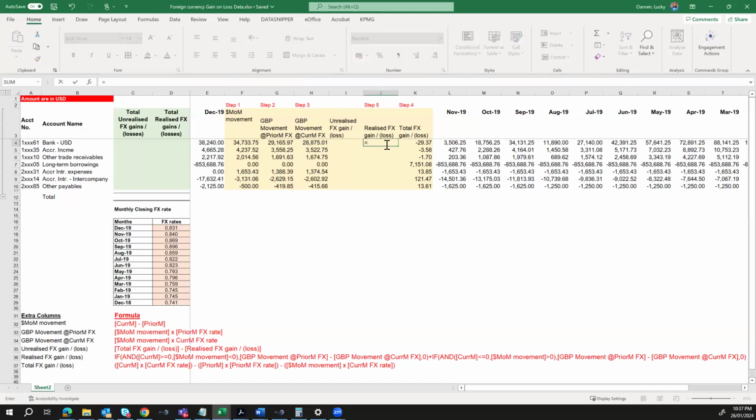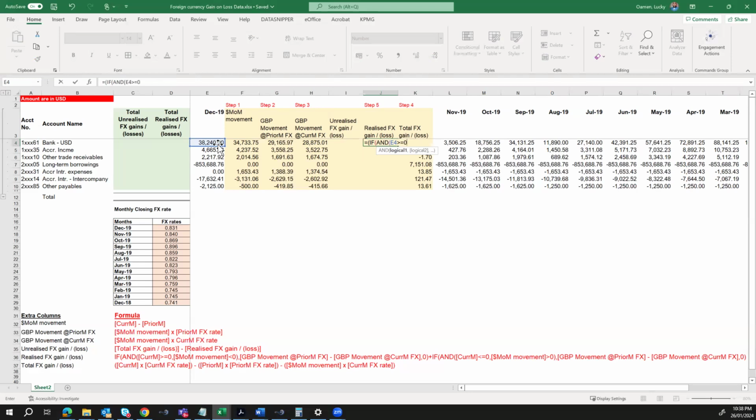I'll say equals to, open my bracket. So let's carefully follow through the realized FX gain or loss formula. It says IF, so I'll type the IF, open my bracket, and we're going to create a logical argument that says if two conditions exist, bring X or Y. So our argument is: if the December balance, which is the current month, is greater than or equal to 0, which means this is an asset because it's positive.